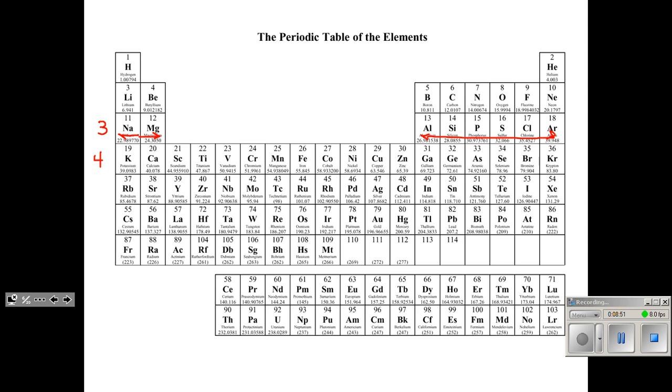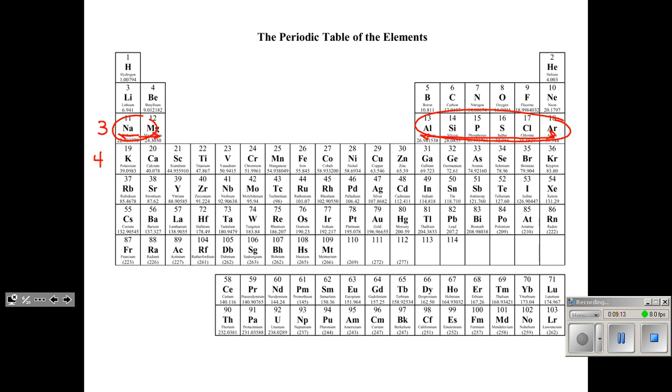So right, these would be 3s2, these would be 3p6, and because they both end in 3, the atom isn't really getting any bigger because of its electron cloud. The electron cloud is still at energy level 3. So what happens here is that the electron cloud actually gets a little bit smaller.